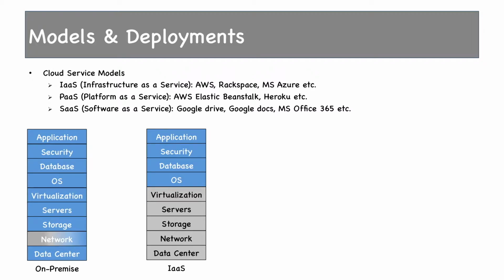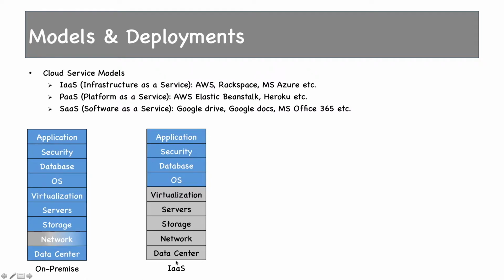And the gray portion is something which is managed, controlled, and maintained by the provider. So if you see an on-premise data center, everything is blue because you have to maintain, manage, control everything except for network, which has both blue and gray portion, because you have to get your network from some or the other internet service provider.